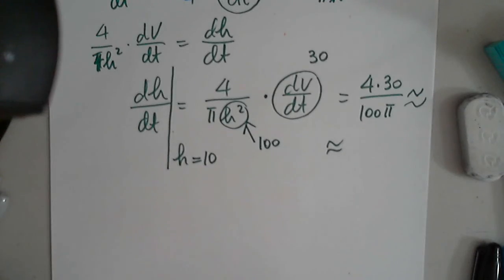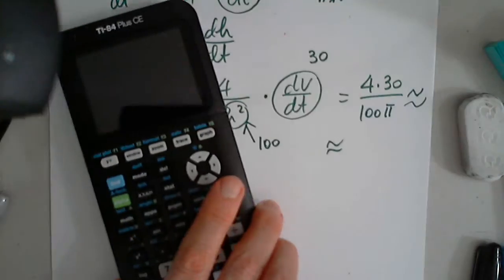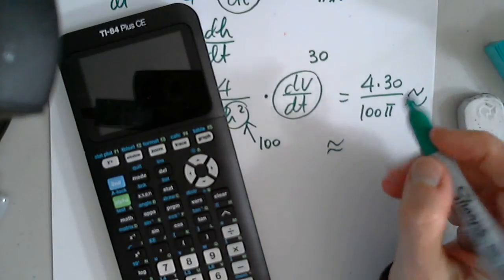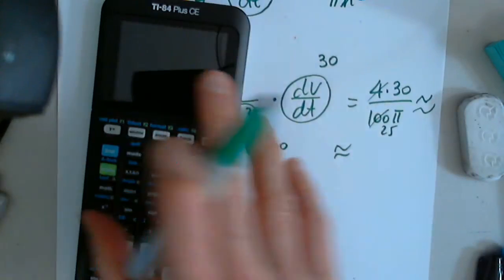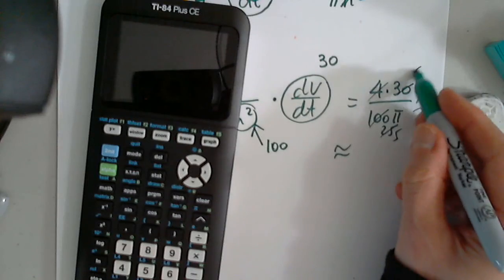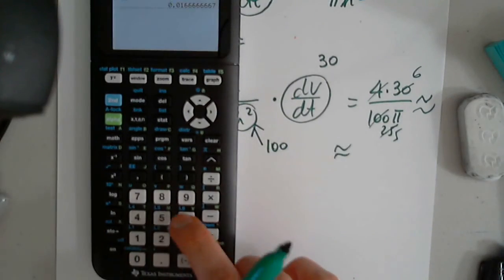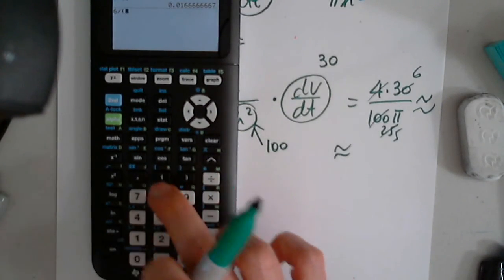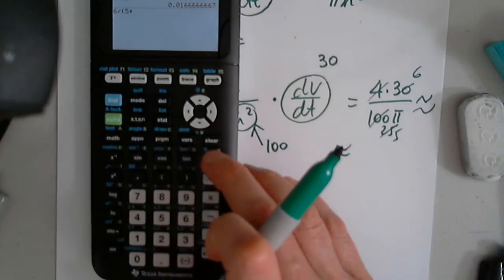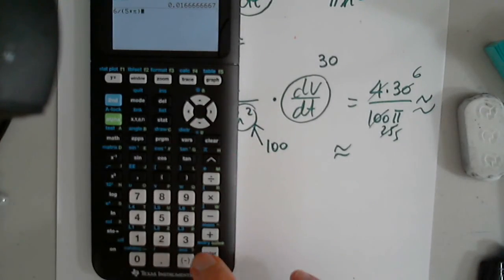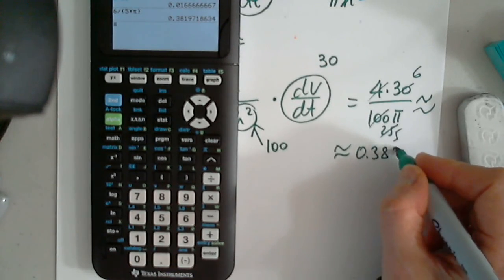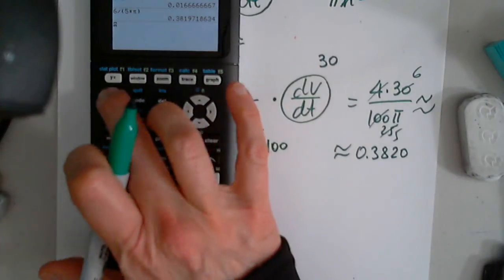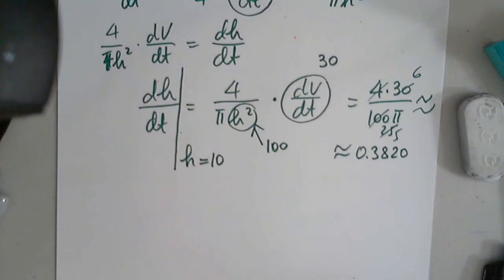And let's see what we get. So I'll simplify and I get 25. And I'll simplify and I'll get 6. So I'll divide 6 by, in parentheses, 5 times pi. Approximately 0.382. Measurement unit.